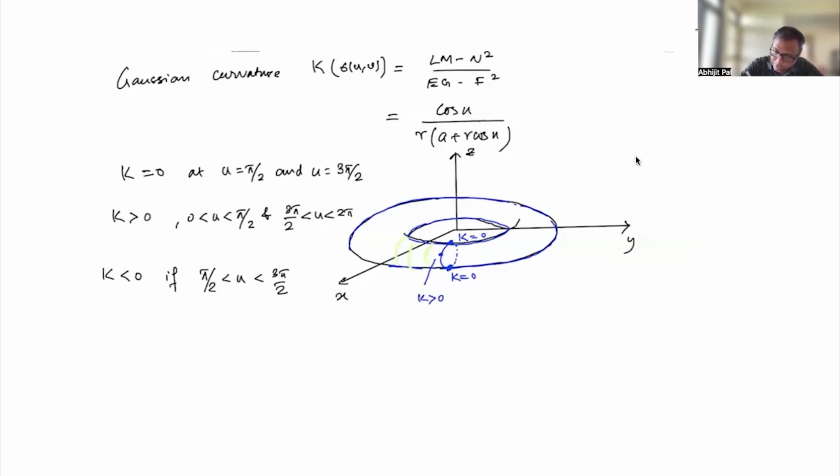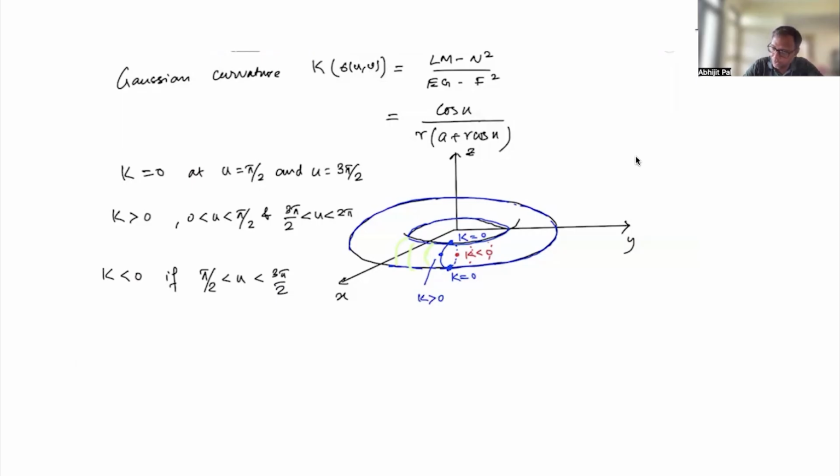So on this side, the back half side, this K will be less than 0.